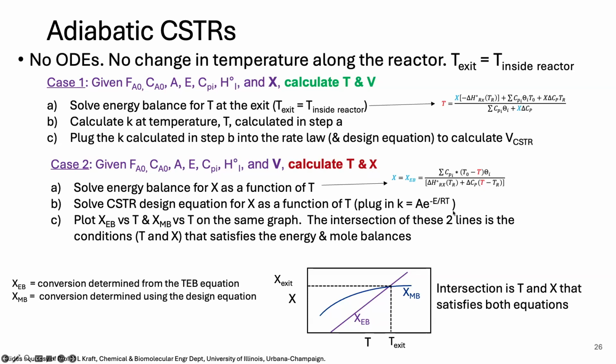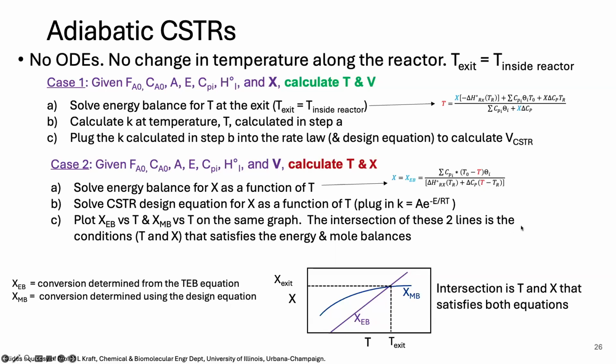Okay, plugging in our Arrhenius constants into our rate expression, we would then plot X_EB, the conversion determined from our energy balance equation, versus temperature, and X_MB, the conversion determined from our mass balance or design equations, versus temperature on the same graph.